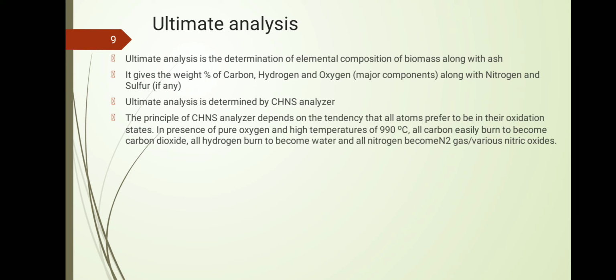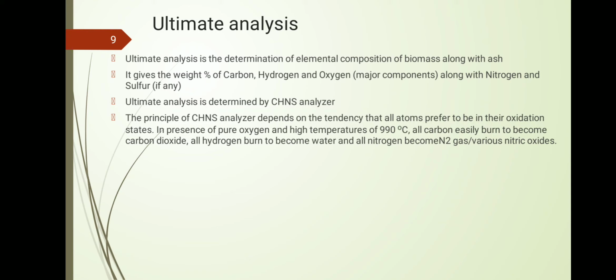We are simply gasifying our biomass, and carbon will be converted into carbon dioxide. If you supply sufficient oxygen, there will be no carbon monoxide; that is complete combustion. It will have carbon dioxide. Similarly hydrogen will be converted into water vapor, and nitrogen will be converted into NOx or nitrogen gas depending upon the temperature we are giving.